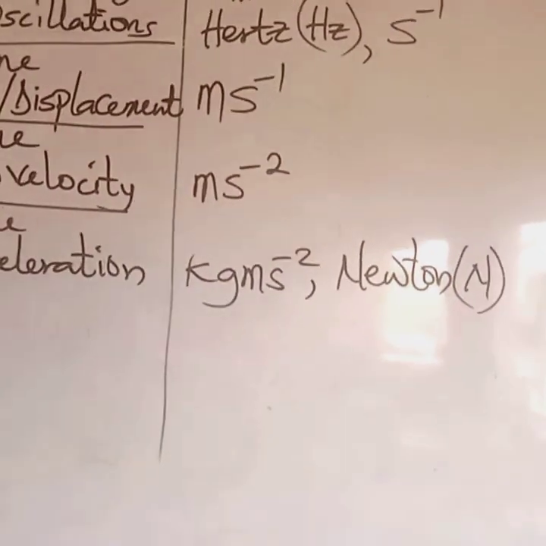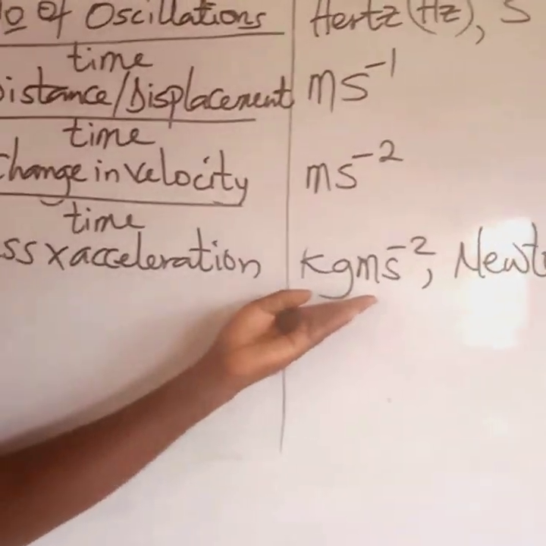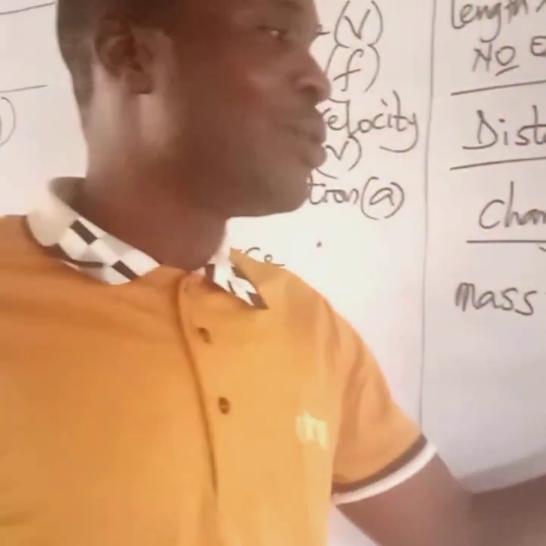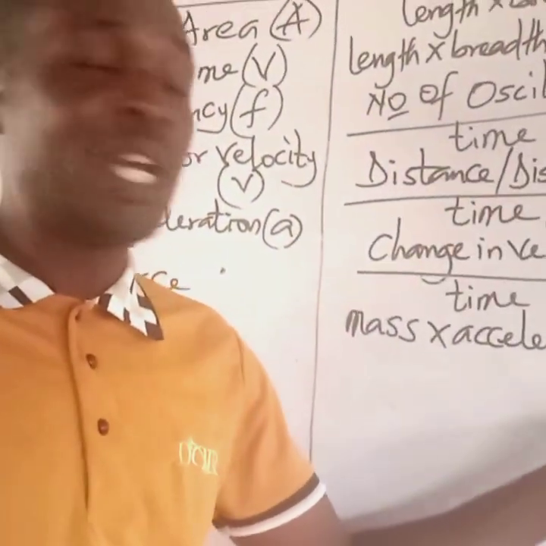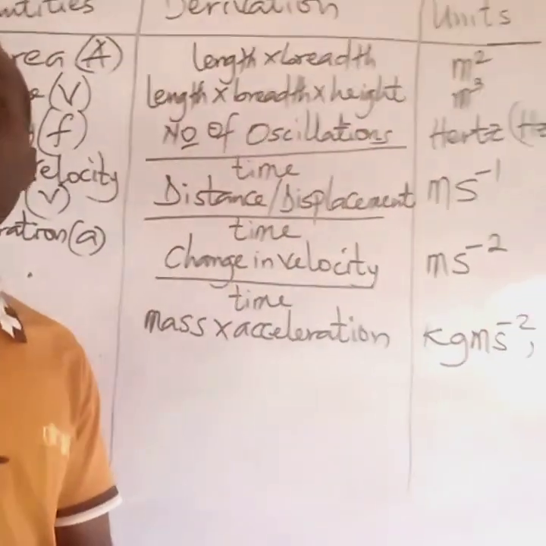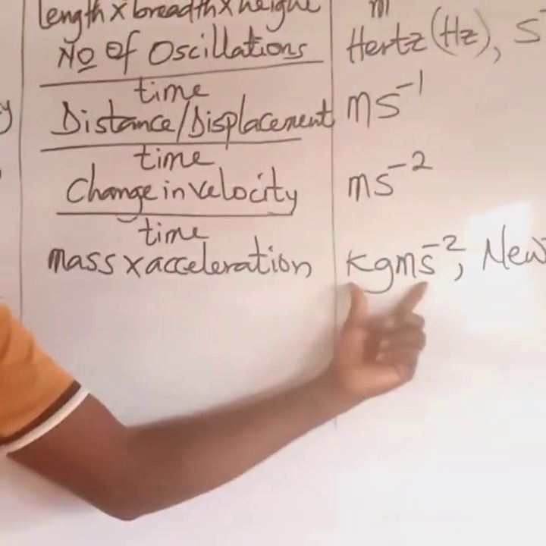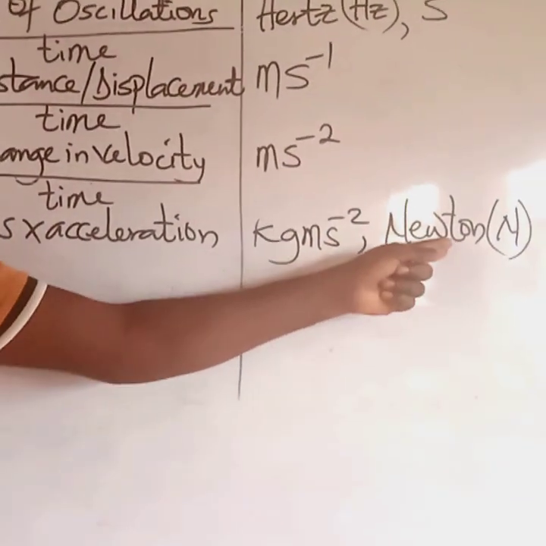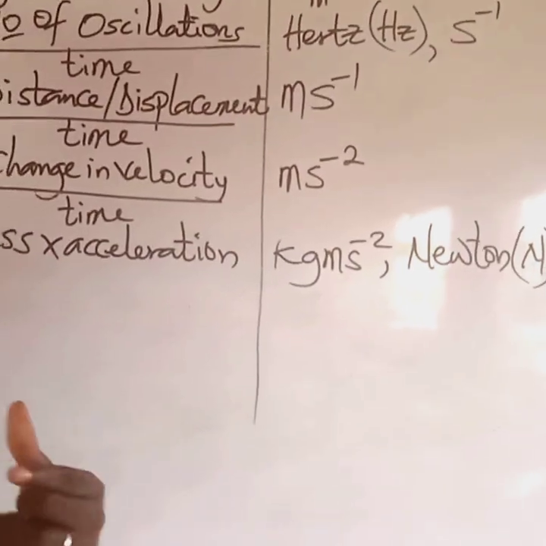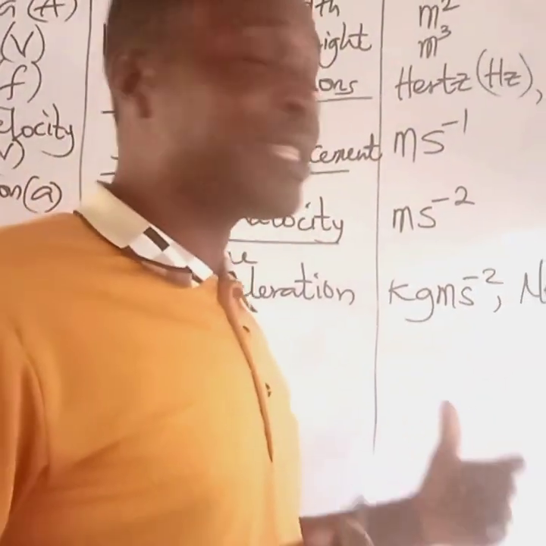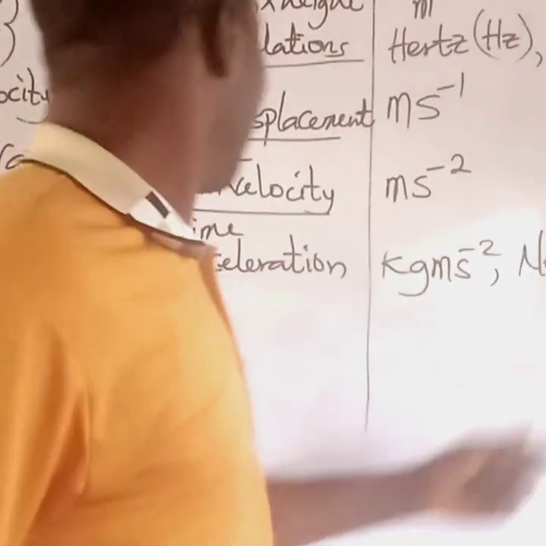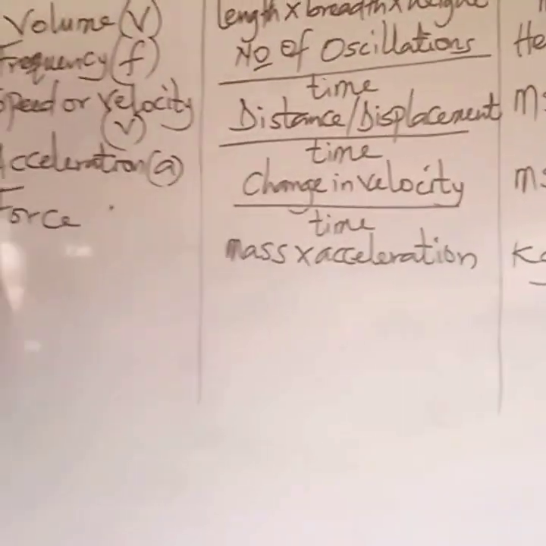Once they ask for the SI unit, it is Newton, but the other unit that we have is kilogram meter per second square. This unit is very, very useful, most especially when we get to dimensions. We are going to make use of kilogram meter per second square instead of Newton. But bear it in mind, the SI unit of force is Newton. Let's look at more.